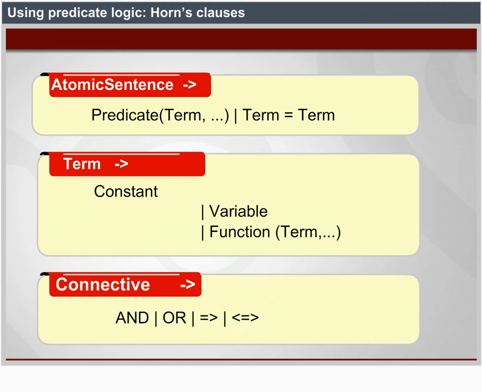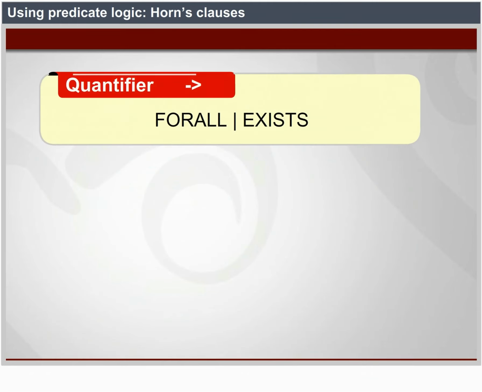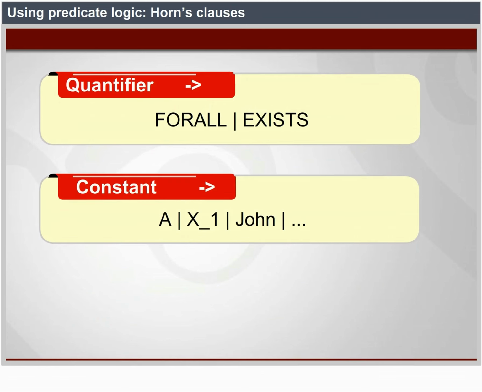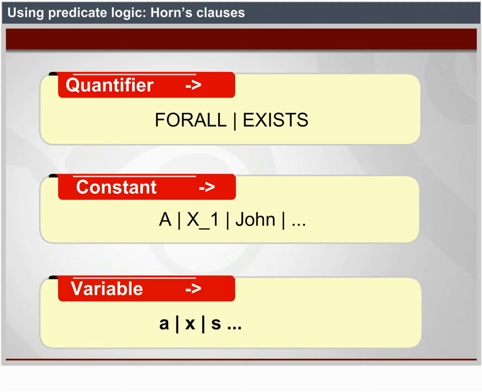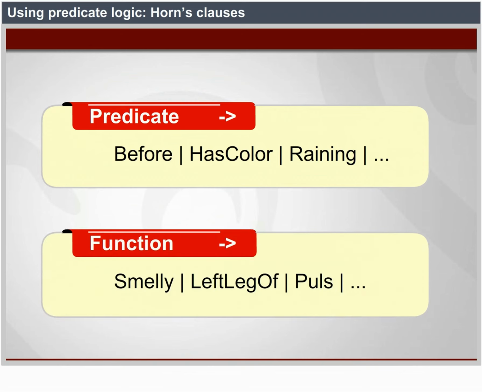Connective: and, or, implies, equivalent. Quantifier: for all or exists. Constant: A or x_1 or John. Variable: a or x or s. Predicate: before or has color or raining. Function: smelly or left leg of or plus.